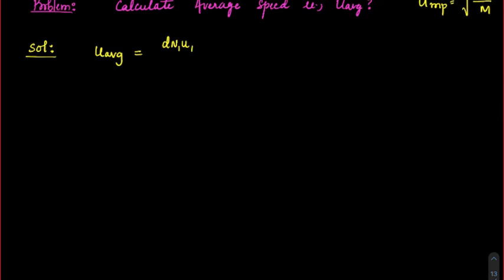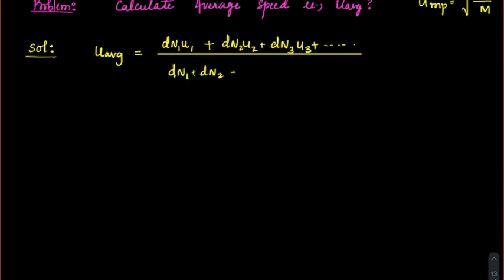Same thing here. Some particles into u1 plus some more particles into u2 plus some more particles into u3 and so on. For as many particles as we have, we keep on doing that sum, divided by the total number of particles. This is how we regularly identify the average.